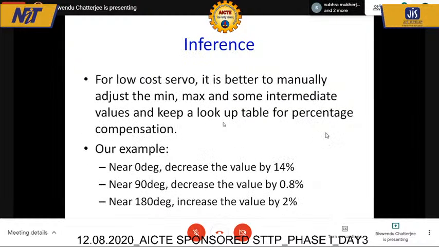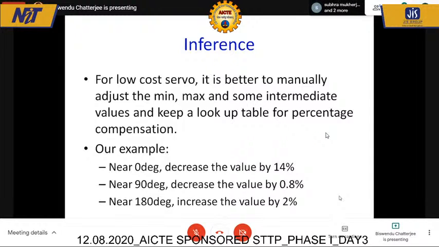Now from this observation, you can draw some inference that for a low cost servo in your software, you need to have a compensation: near 0 degree, decrease the value by 14%. Near 90 degree, decrease the value by 0.8%, and near 180 degree, increase the value by 2% to get somewhat corrected rotation by the servo.